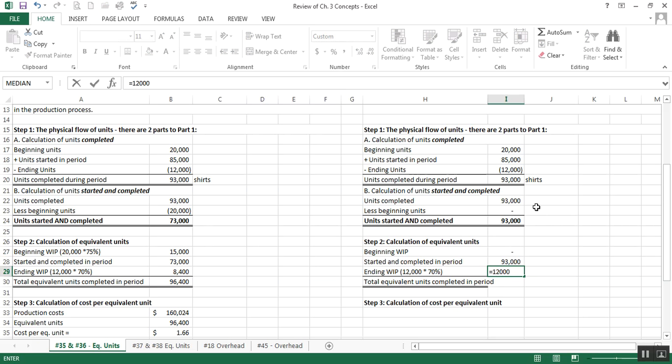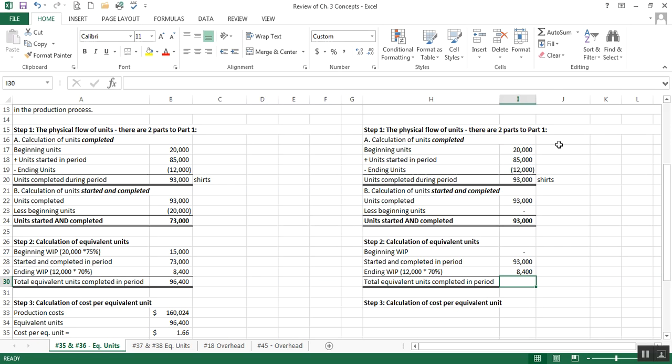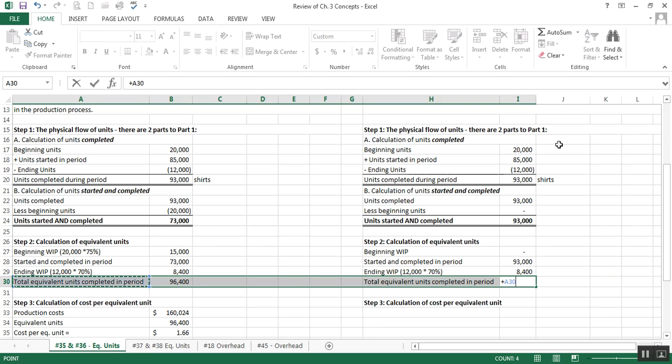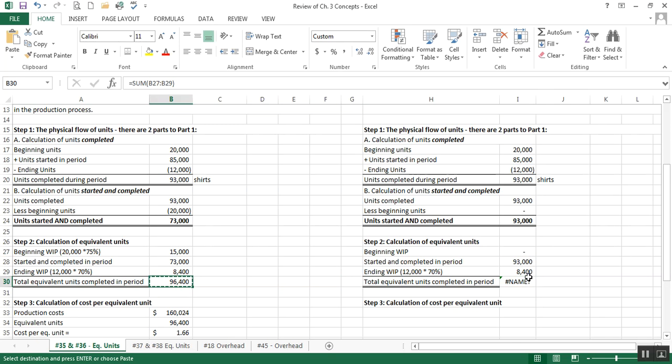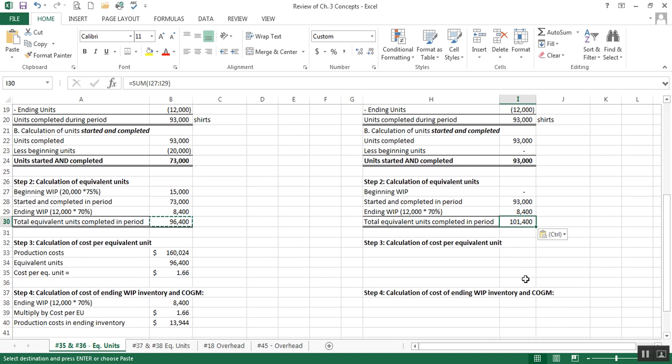It's the 12,000 times the 70% that we completed during the period. That gives us our 8,400, and the sum of those two, oh, I'm having difficulty with typing in a formula. So our equivalent units completed in the period is 101,400.